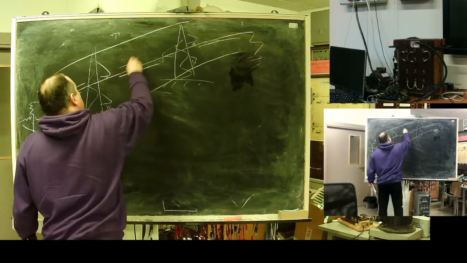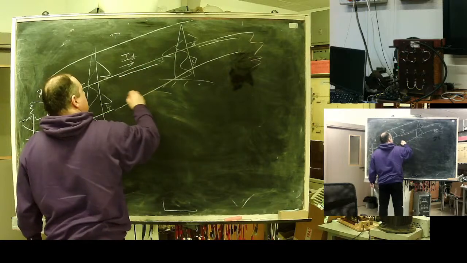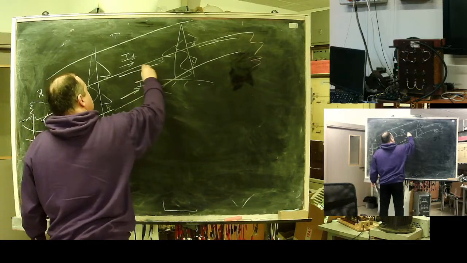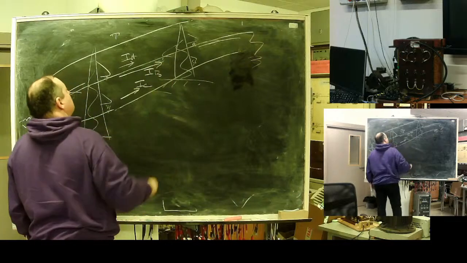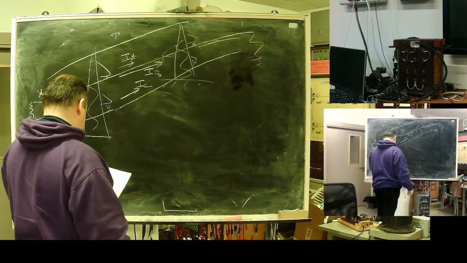So we have A phase current, C phase current, B phase current, but that's not all.